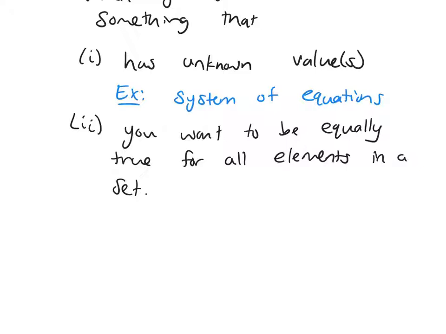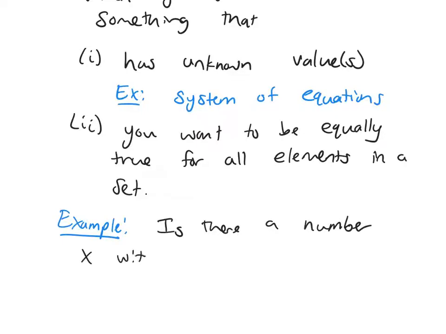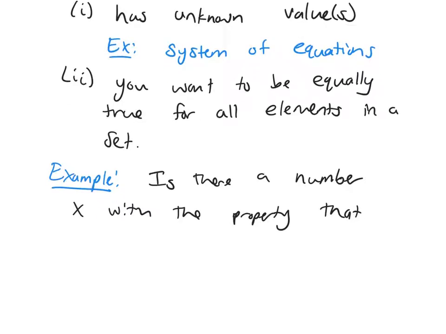So an example would be: is there a number x with the property that 2x plus 3 equals x squared? So here, x would be a variable because it has an unknown value.